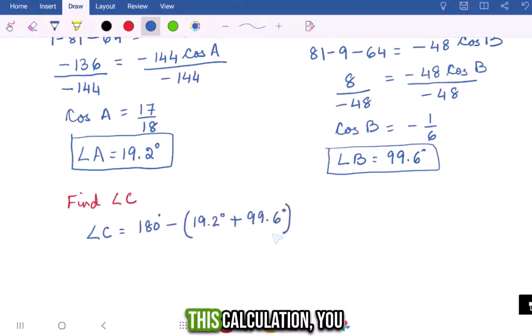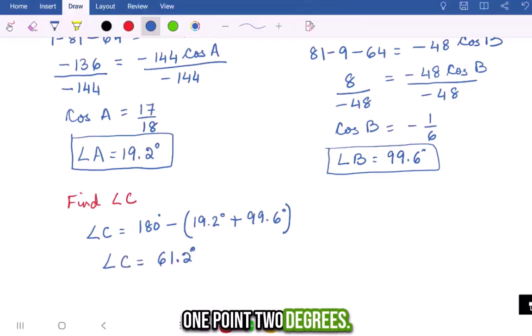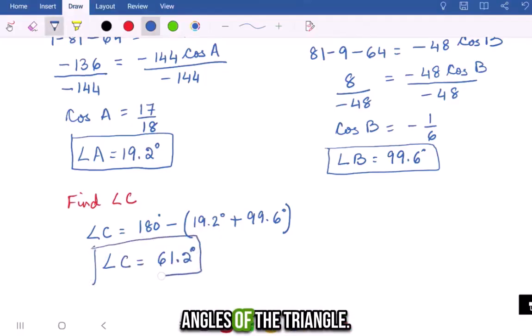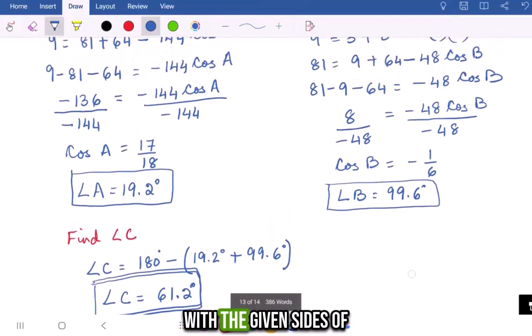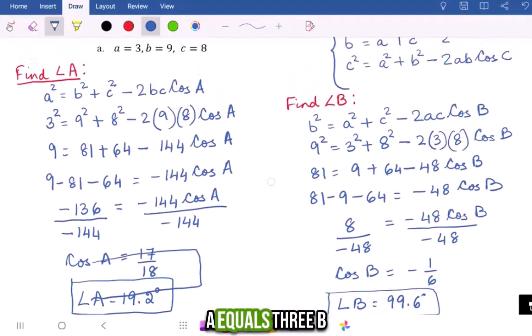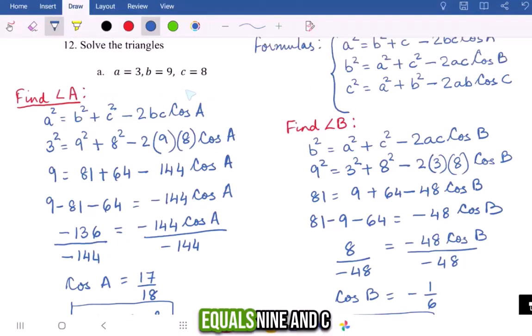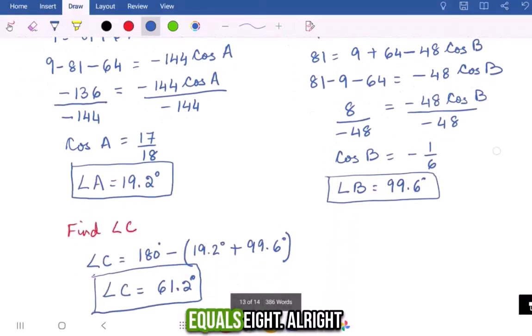When you complete this calculation, you should come up with an angle measure of 61.2 degrees. Therefore, angle C will have a value of 61.2 degrees. And here we have found all three angles of the triangle with the given sides of A equals 3, B equals 9, and C equals 8.